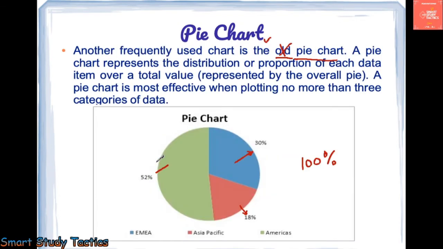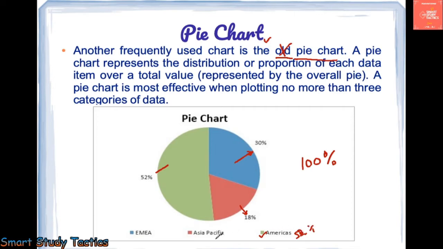If I talk about that first column chart, and check the share of America, you can see it is 52%. So we can say America is representing the 52% share.